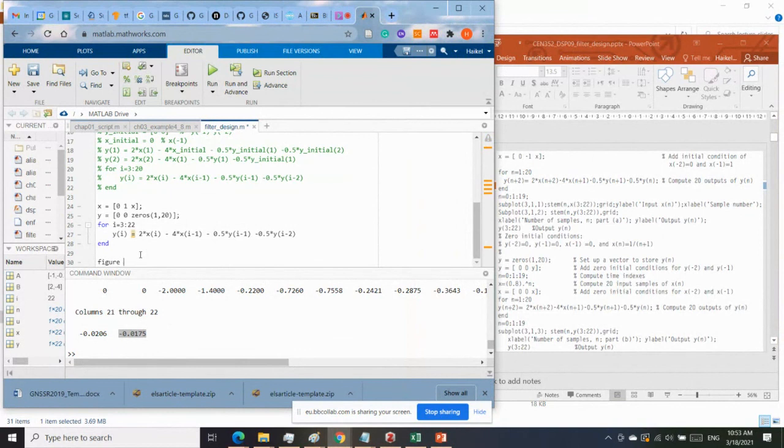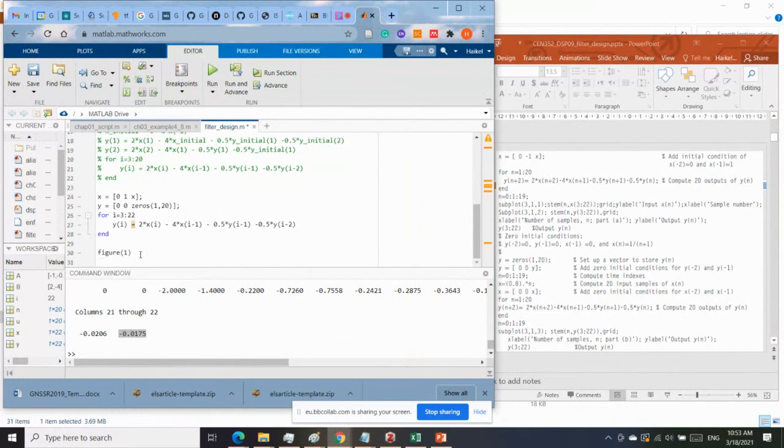Figure 1. So this is just for plotting signals. In Matlab, you use the function subplot. I want 3 subplots, one under the other, 3 rows 1 column. Now this is the first subplot.